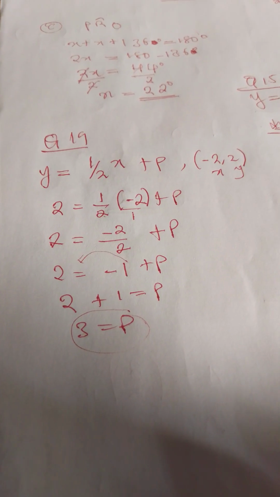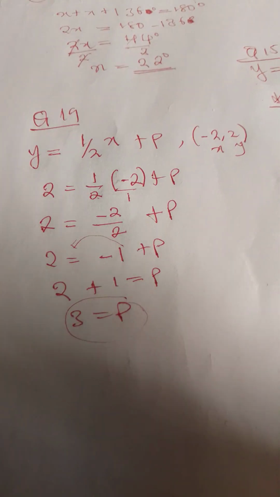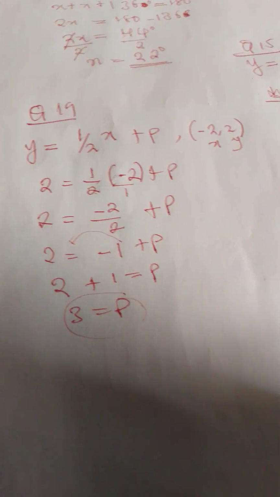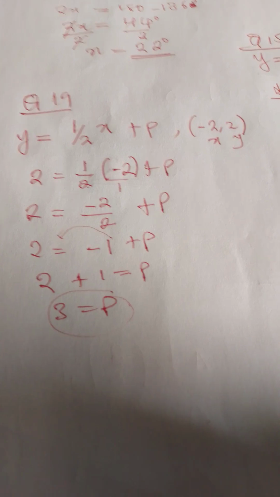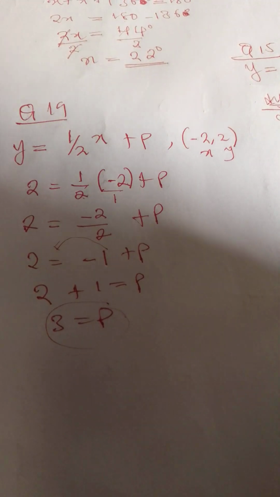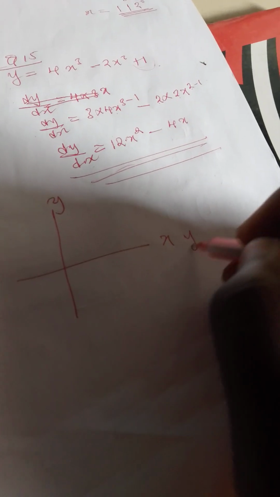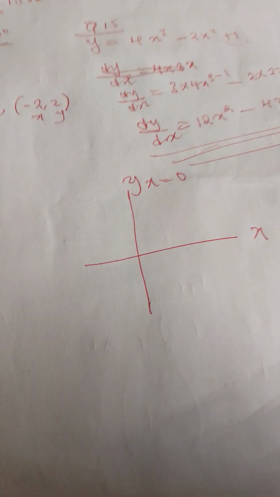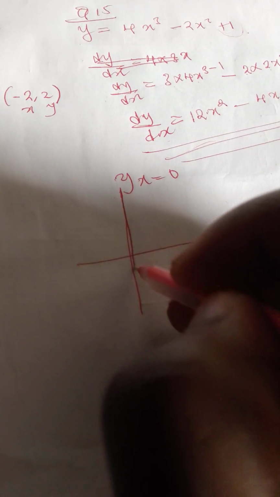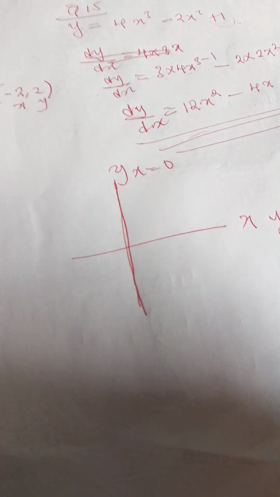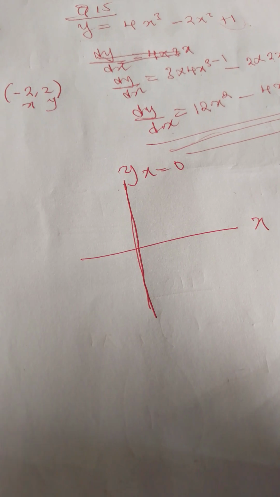Since the question is saying find the coordinates of the y-intercept, and we know that on the Cartesian plane, this is y, this is x. So here on the y-axis x is 0. Get it? Since they are asking for the coordinates of the y-intercept, they are focusing on the vertical axis, which is the y-axis.